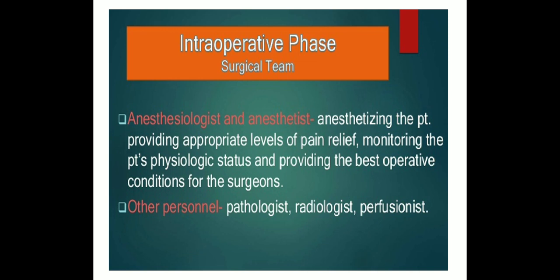And also, as we already know, when the patient is under anesthesia, all the muscles get relaxed. So the physiological parameters like respiration and heart rate, everything is monitored by the anesthesiologist. And other personnel needed in the intraoperative surgical team are the pathologist, radiologist and perfusionist.